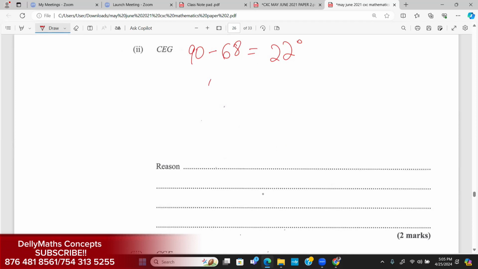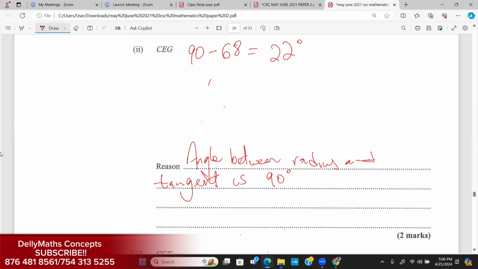The angle formed between the radius and the tangent, at the point of tangency, is 90 degrees. So the angle formed between the radius and the tangent is 90, and we utilize that as our vehicle to go forward.